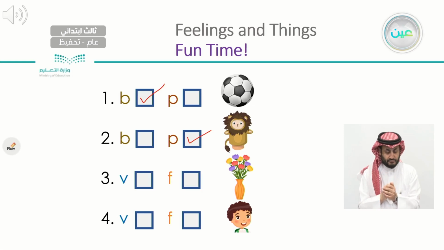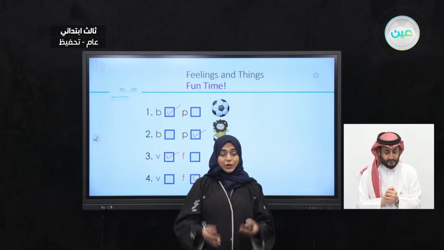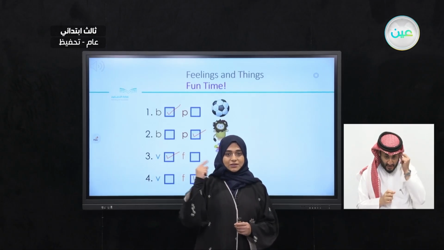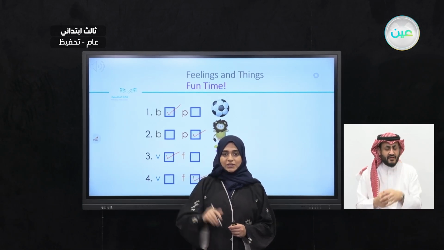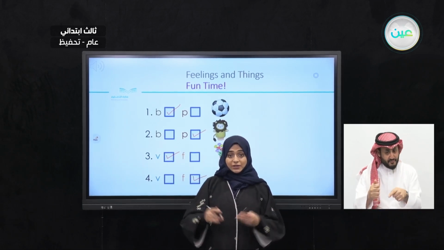Number 3, V. Vase. Number 4, F. Face. Okay, so were you able to do this with me? You listen to that first sound, and then when you hear the word, you tick the right first sound. We're going to continue, okay?